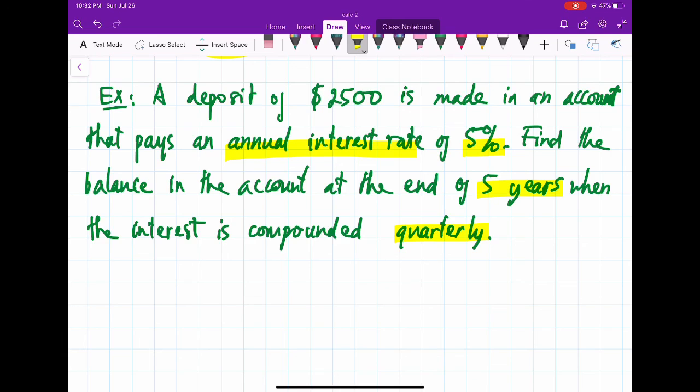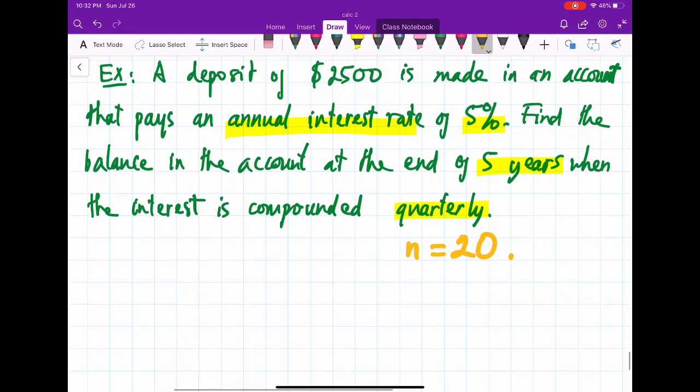All right? So quarterly means 4 times a year. But now we have 5 years, right? That means the number of times is 4 times 5 is 20. Means n in this case is equal to 20.